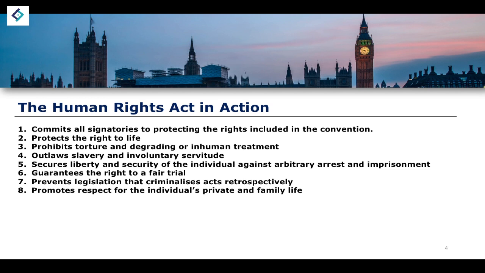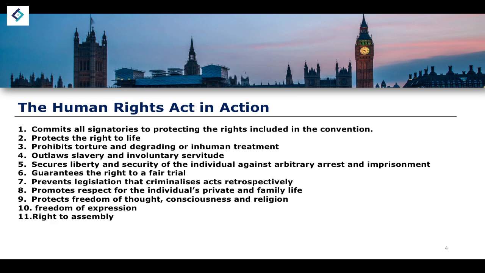Article 8 promotes respect for individuals' rights to private and family life. We also get the protection of the freedom of thought, conscience, and religion, freedom of expression, the right to assembly, and the freedom of men and women to marry and start a family. So these are a few of the rights that we have.